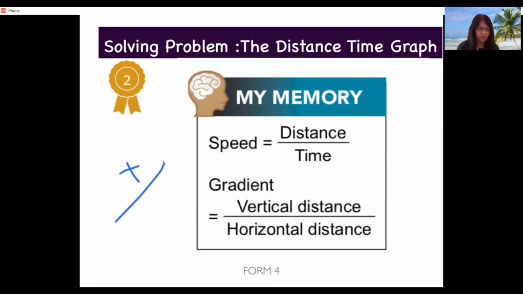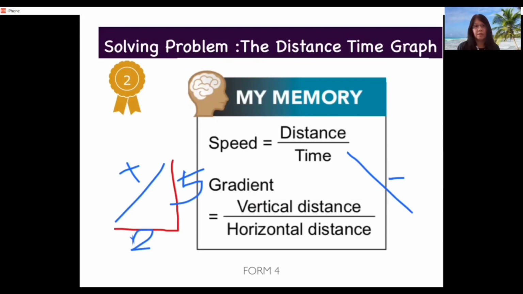In order to find the speed, we find the gradient of the line. We take the vertical part, let's say this is 5, and here is 2. So the gradient is 5 divided by 2, which is 2.5. So for this topic, we say the speed is 2.5.